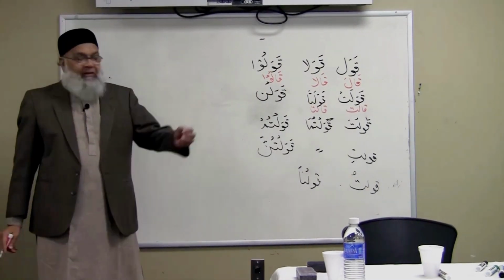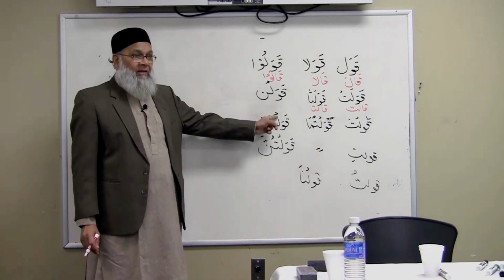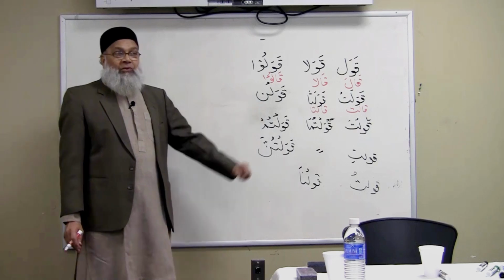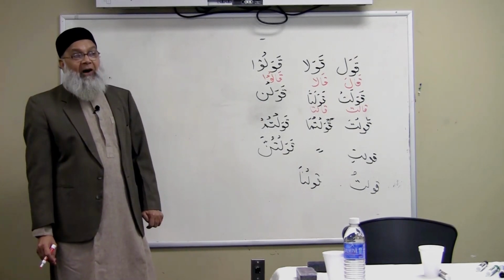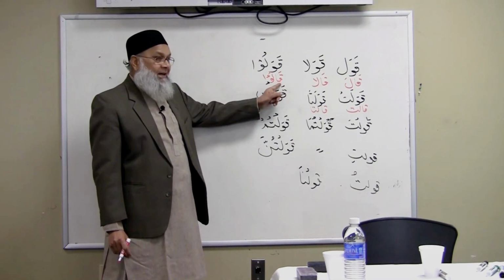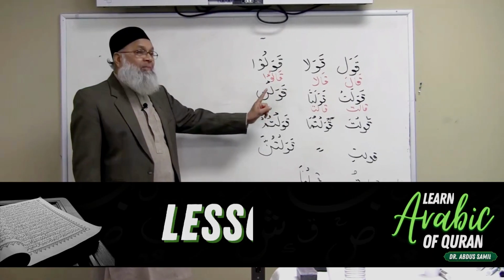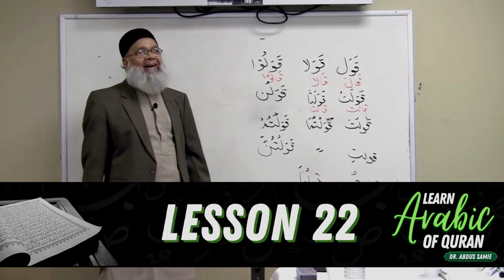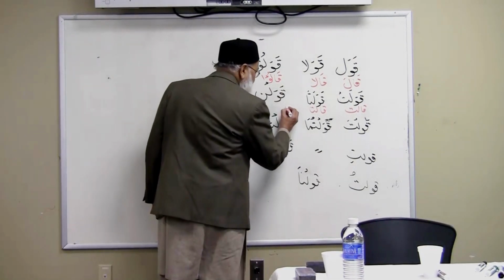When they drop a letter, a root, the weak letter, to show that the dropped letter was waw, they will put some sign: this fatha will be replaced by dhamma. And if you drop ya, they will put a kasra here. They're very methodical people. So, qalata and then qulna.